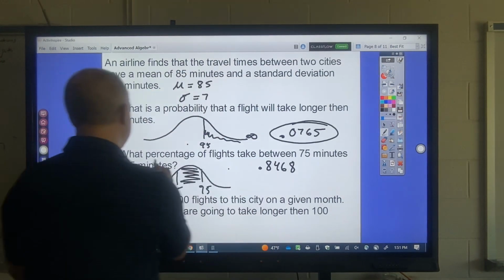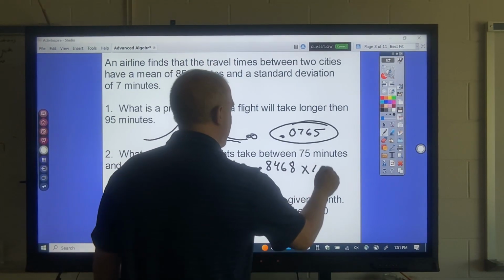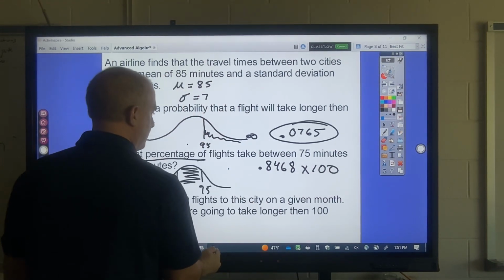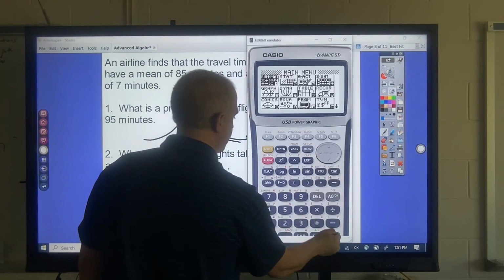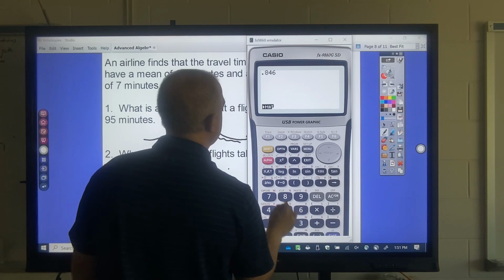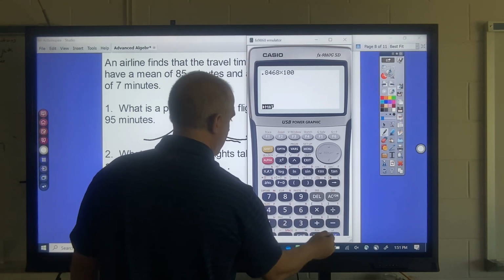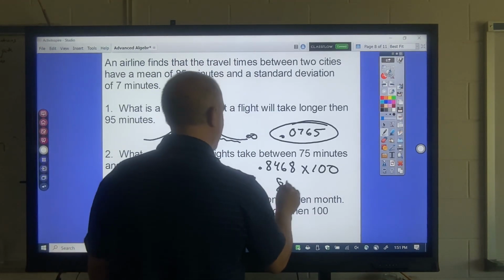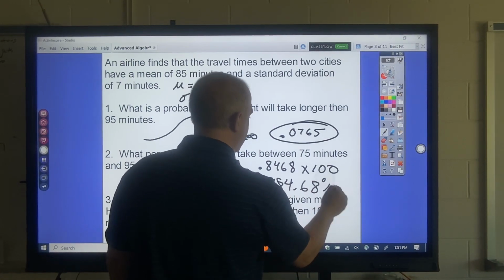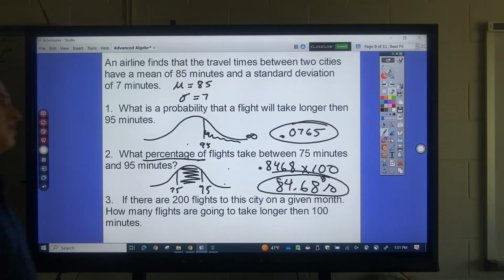Now, since it says percentage, I multiply that by 100. 0.8468 times 100, that's 84.68%. That's the percentage of time that flights are between there.